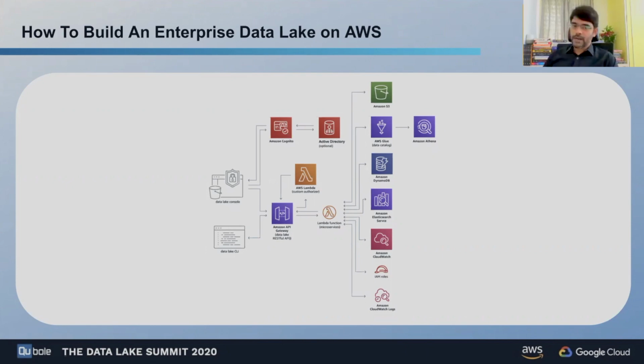So we are granting access to it via Cognito. And if you are an enterprise and you already have identity in Active Directory, you can sync that with Cognito. Basically, that would allow you to use the groups that you currently have in Active Directory, and then provide them the relevant access on the data lake as well.